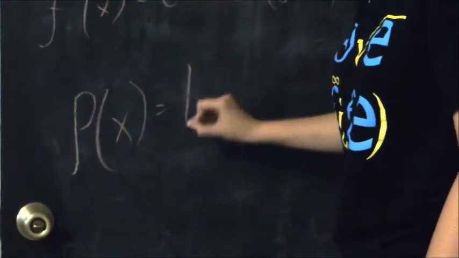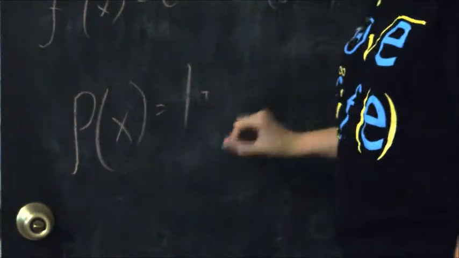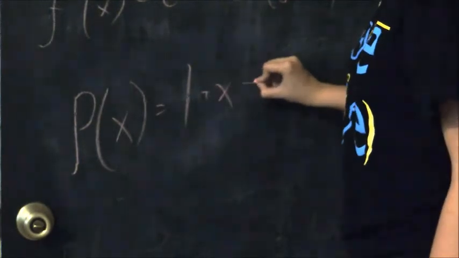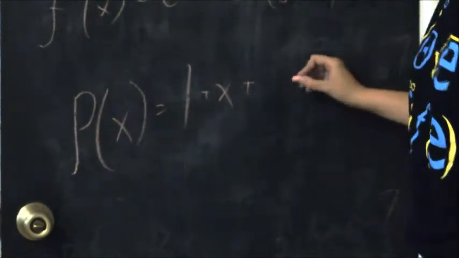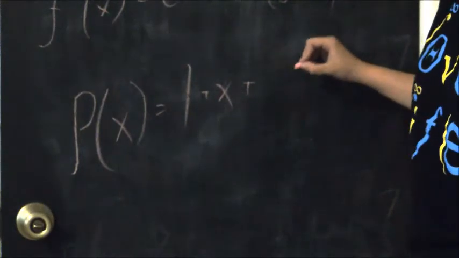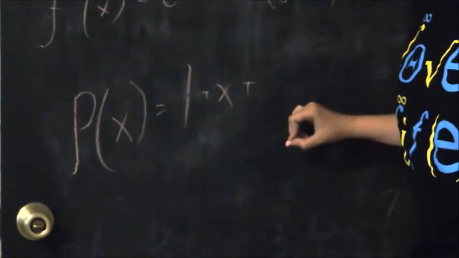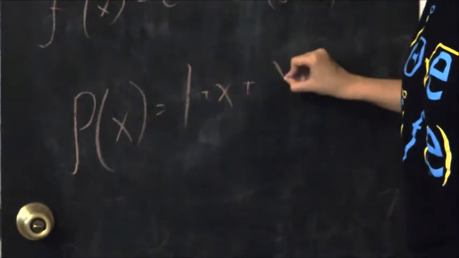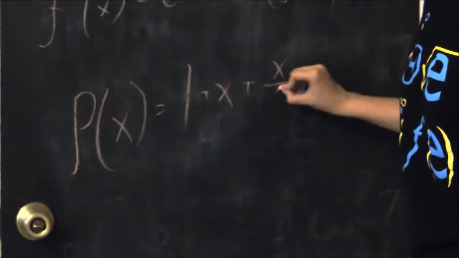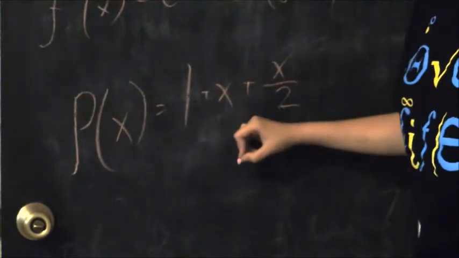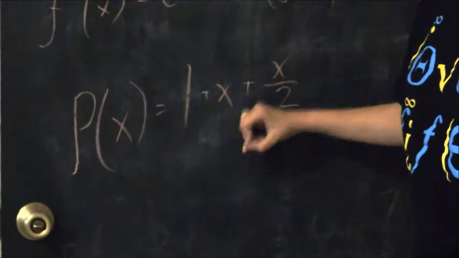Our first one, 1. X times 1 is x, plus 1 times x squared over 2 factorial. And we can actually keep going because we can see this pattern continue.